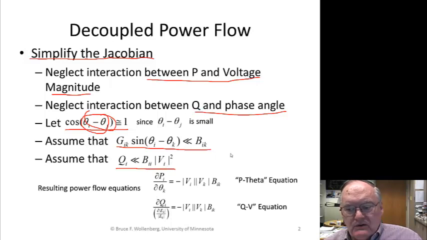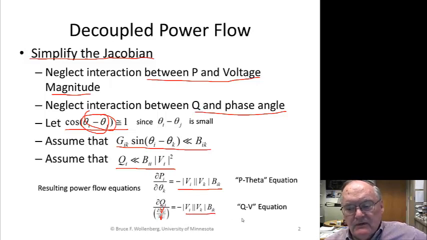And when you do all of that, you end up with the dP d theta term just equal to the product of VI, VK, BIK, and the dQ dV, or this should really be V in here, is equal to VI, VK times the BIK.